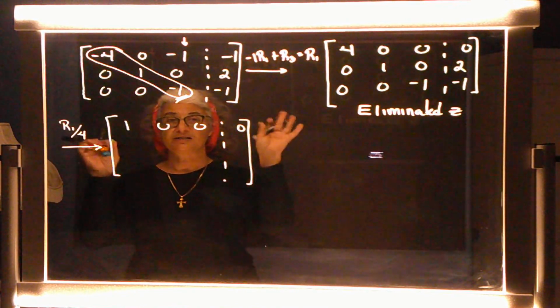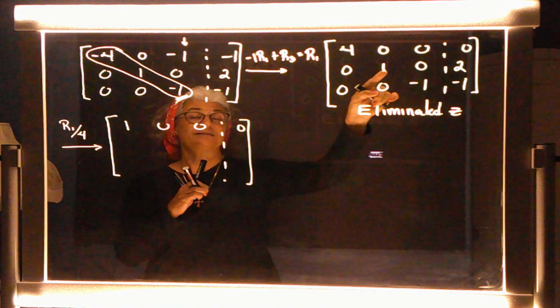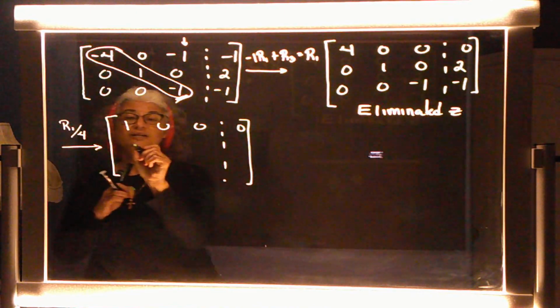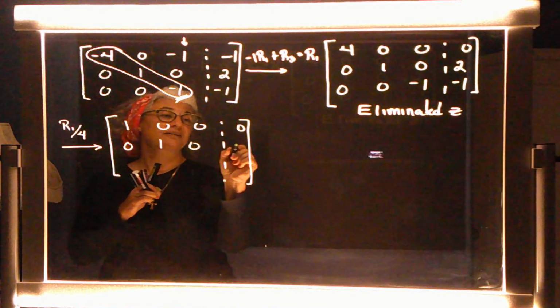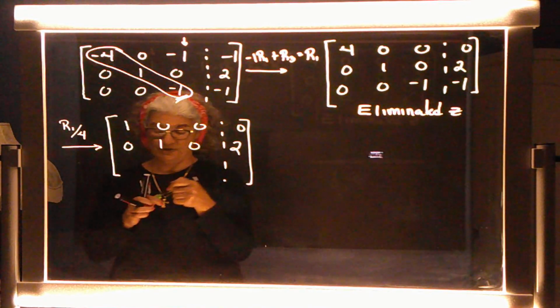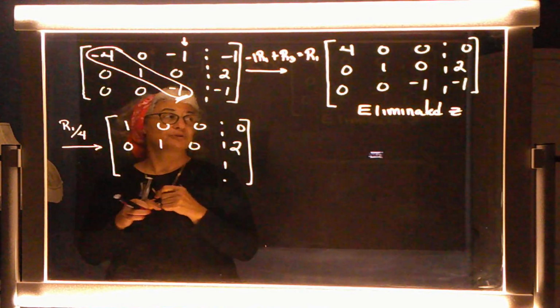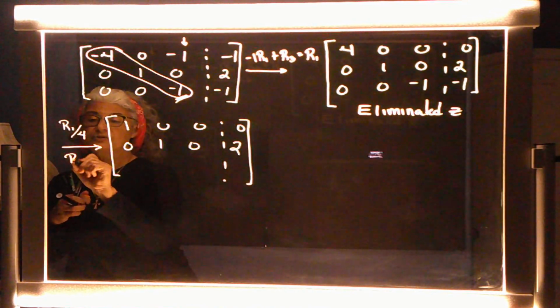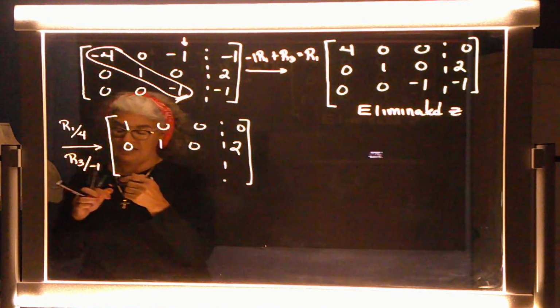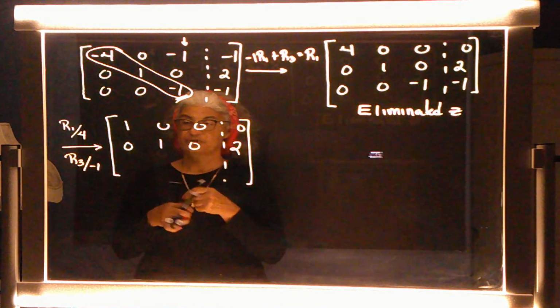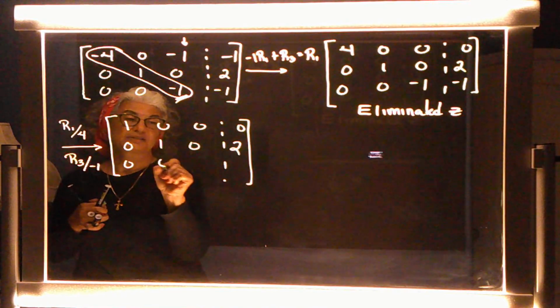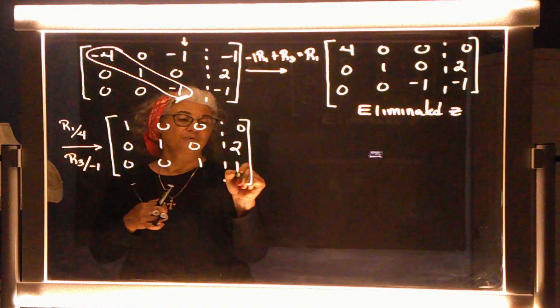Okay, no fractions. Yay! That second number in the diagonal is already a positive 1, so I can leave the second row alone. The third row, that number is a negative 1, so I'm going to take the third row and divide by a negative 1, which will give me 0, 0, 1, and 1.